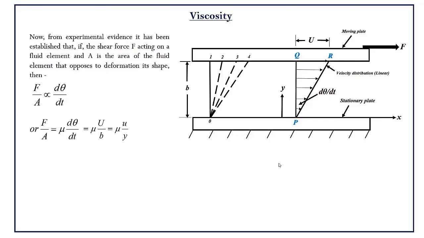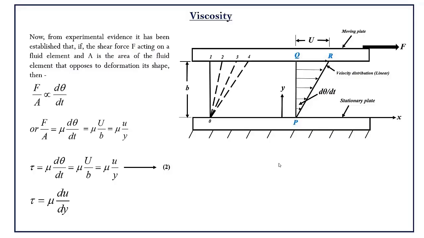Now, F by A is equal to shear stress and is generally denoted by the Greek letter tau. Therefore, we can write tau is equal to mu into d theta by dt is equal to mu into U by B is equal to mu into u by y, that is equation number 2.